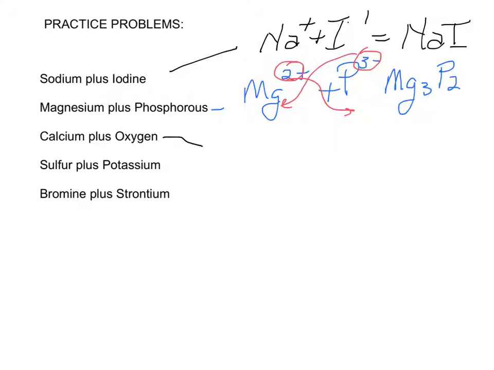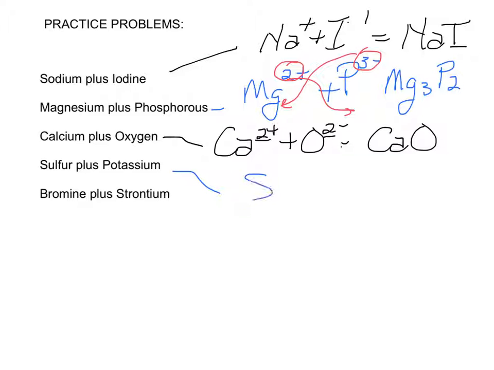Calcium plus oxygen. Calcium has a 2+ charge. Oxygen has a 2- charge. Those are both going to cancel each other out, so I just write down calcium oxide. Sulfur has a 2- charge. I'm going to add it to potassium, which is in column 1, which has a +1 charge.